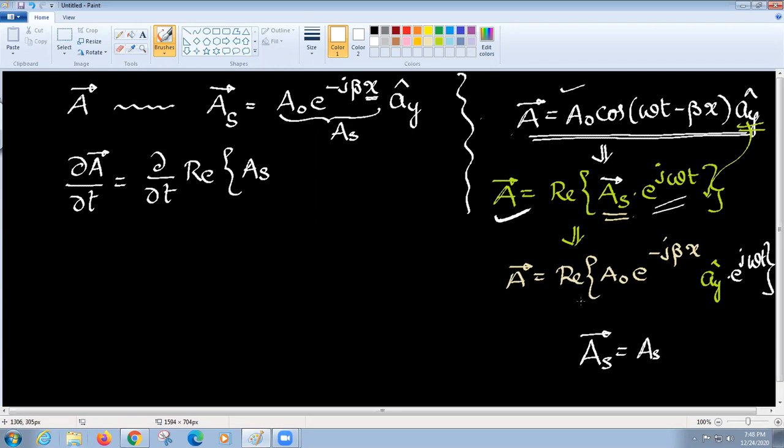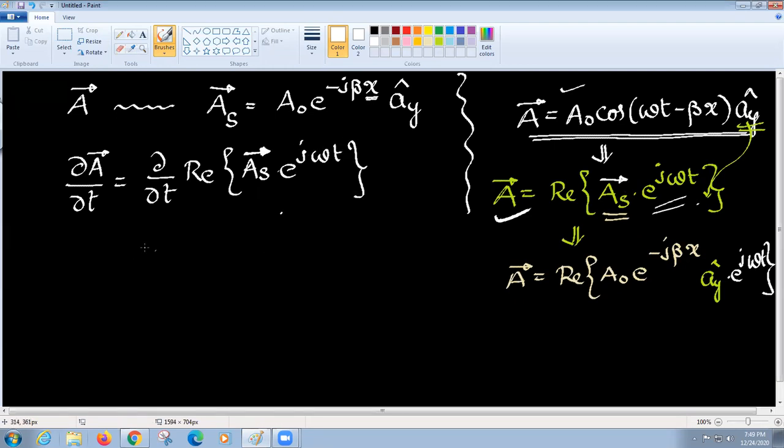So finally you forget about everything. When I don't take this unit vector here, that indicates this is a vector, A_s. So now you have A_s phasor, of course a vector, multiplied by e to the power of j omega t.